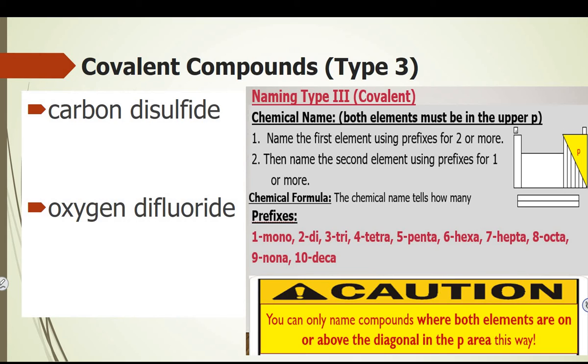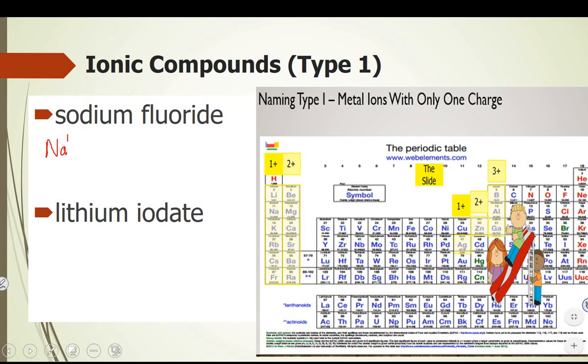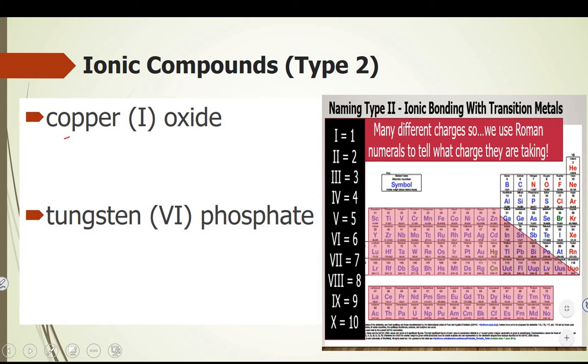So the prefix goes with that element. That tells me how many of that element. Okay? You guys were trying to balance charges again with that one. Remember that on the type 2, that Roman numeral tells me the charge on the first one. I think that's where you guys were getting off on the other one. We're thinking, oh, well, it had a di, so that must go with the first one. It goes with what it's attached to.